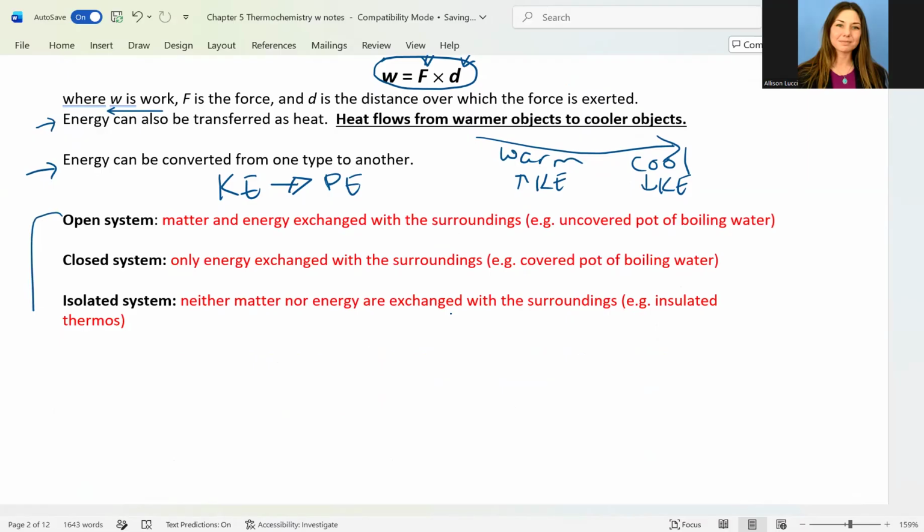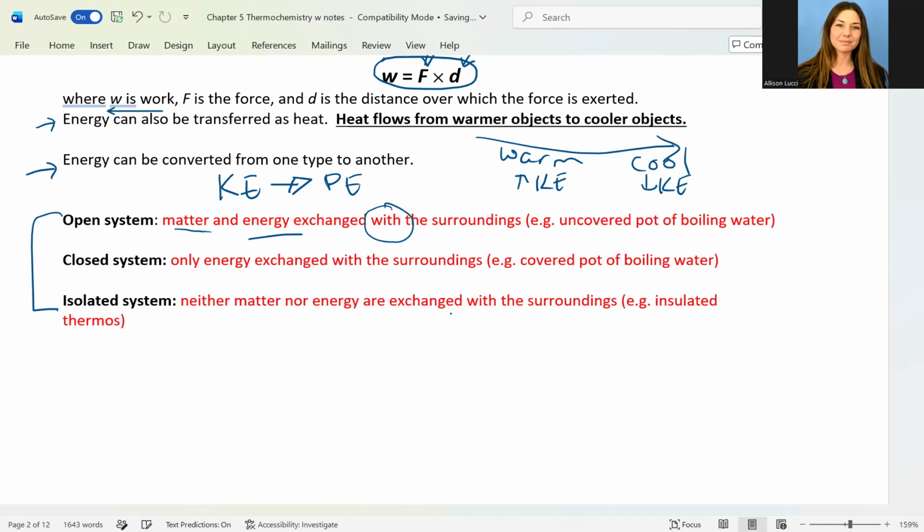The last definitions we'll say here are open system, closed system, and isolated system. So again, our system is the molecules specifically that we're interested in studying. So in an open system, both matter and energy can be exchanged from the system to the surroundings or from the surroundings to the system, depending on the case.